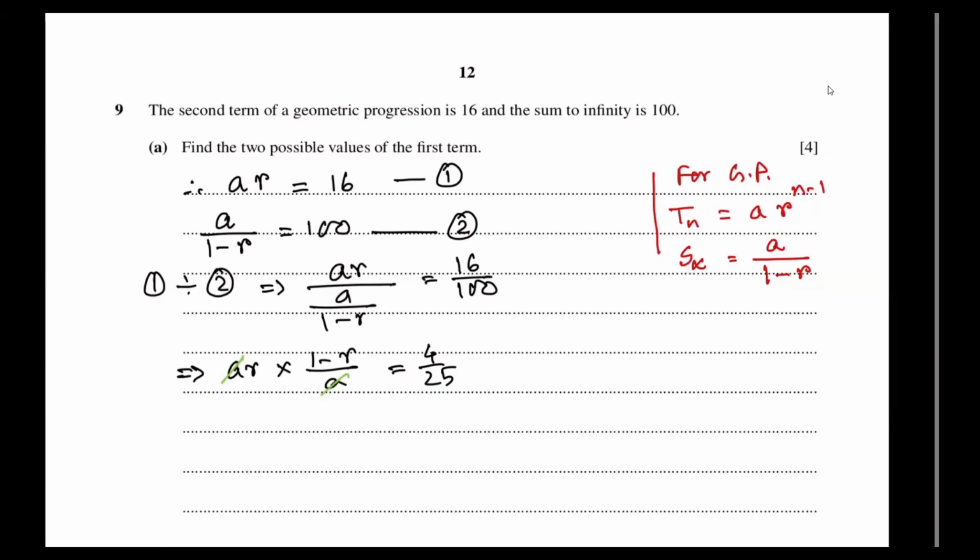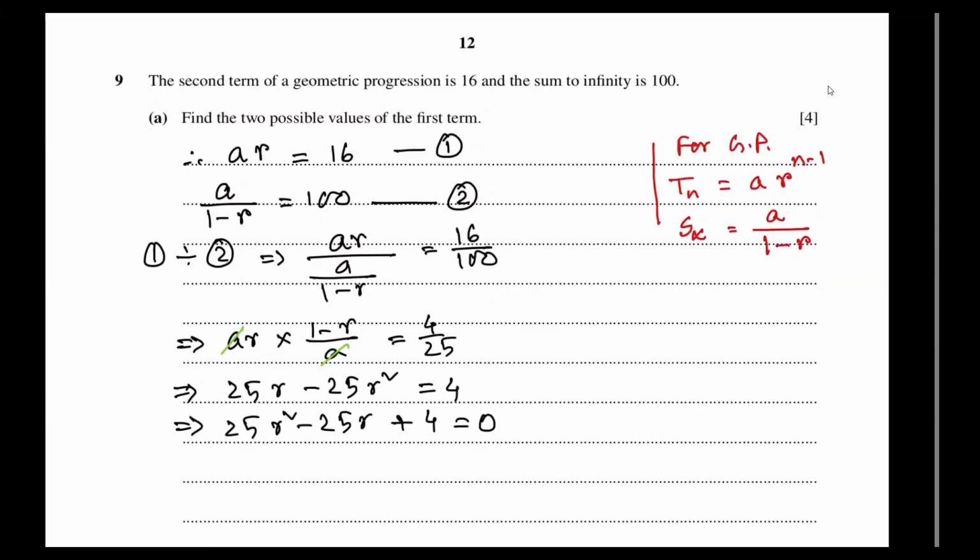We have 25r minus 25r square equal to 4. Then 25r square minus 25r plus 4 equal to 0. So we have split one line here.